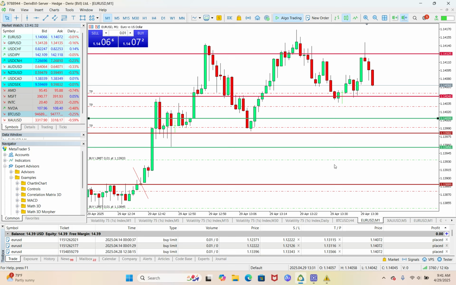At all times, protect your capital, manage your risk, right? Don't risk more than 2% of your account balance, right? So remember, I'm trading a small account of $20, right?